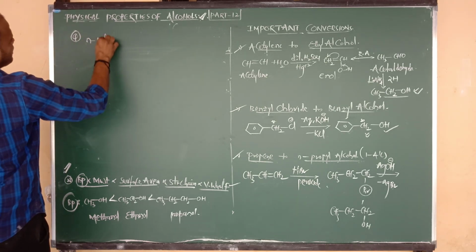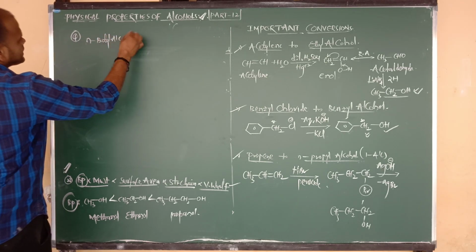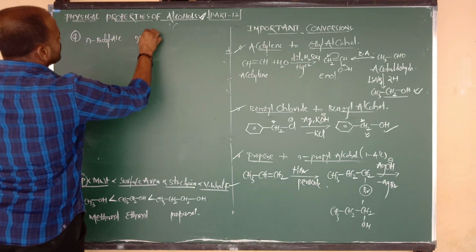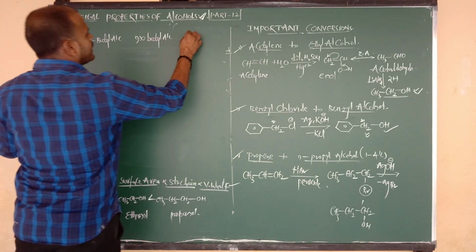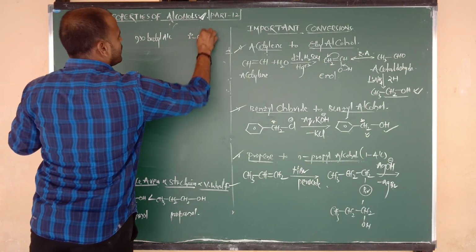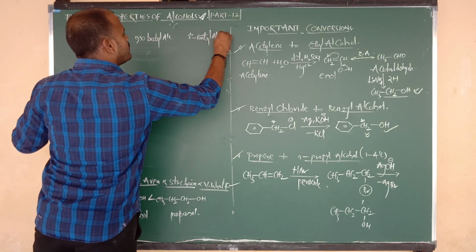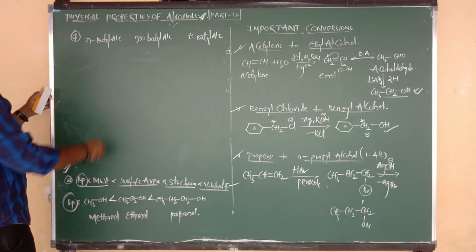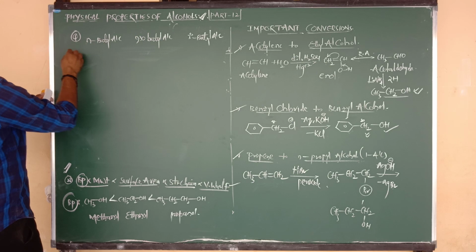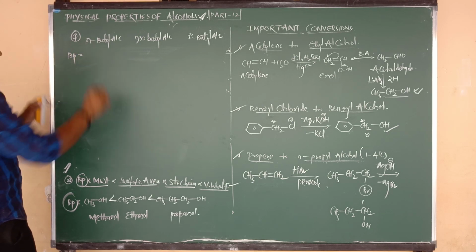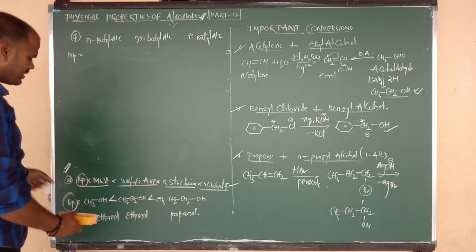One is N-butyl alcohol, one more is isobutyl alcohol, you know the structures very well, and one more is tertiary butyl alcohol. They are asking: arrange the given compounds in their increasing order of boiling point. This is the question, Nana.